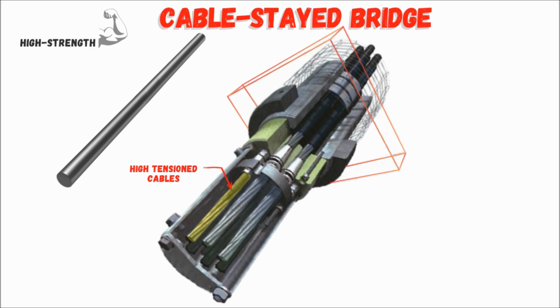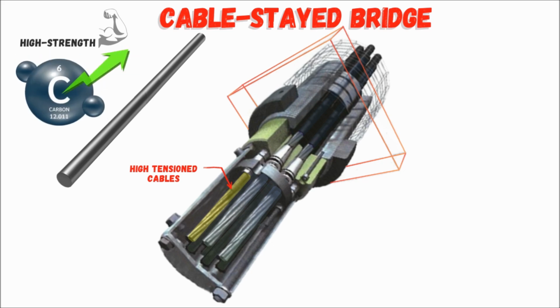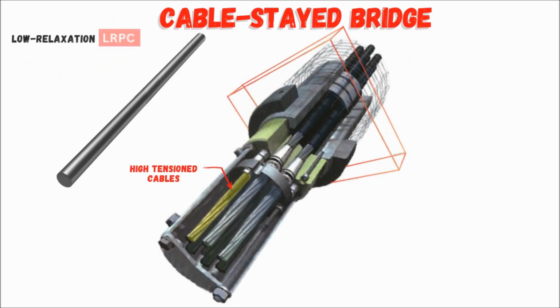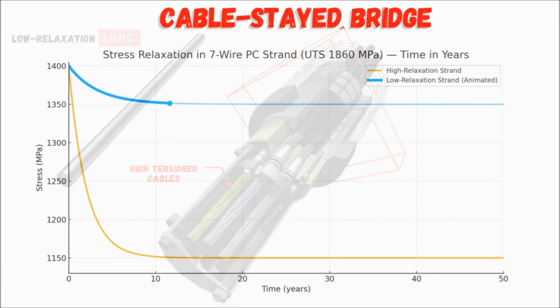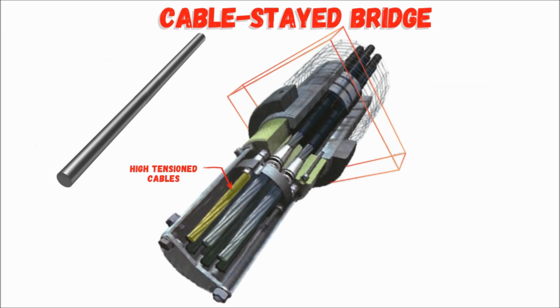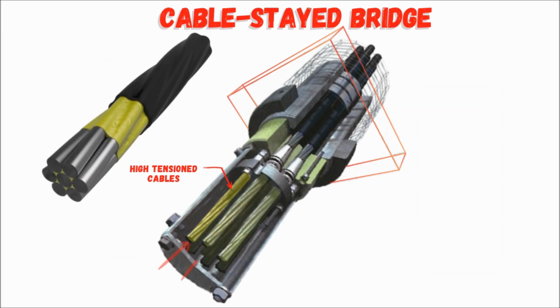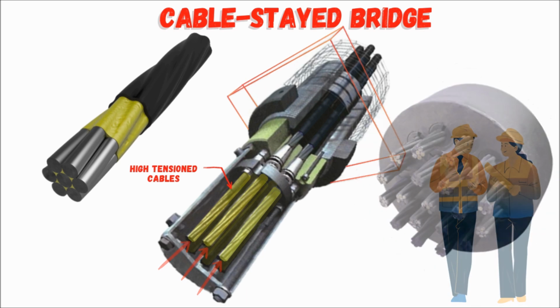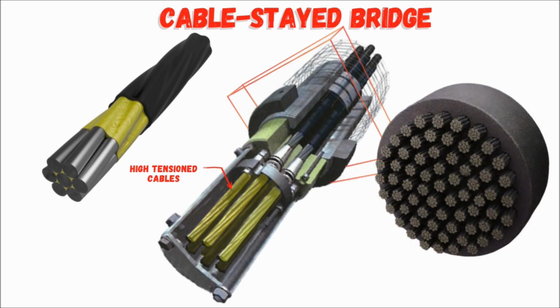The high-strength property comes from the high carbon steel used, allowing it to withstand very high tensile loads, while low relaxation means it maintains its tension over time without significant loss of stress. The number of strands inside each stay cable can vary significantly depending on the design requirements and can range from only a few to more than 100.